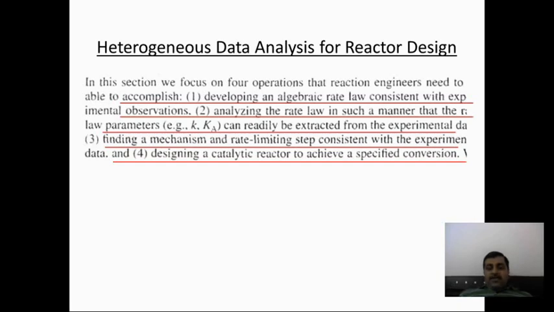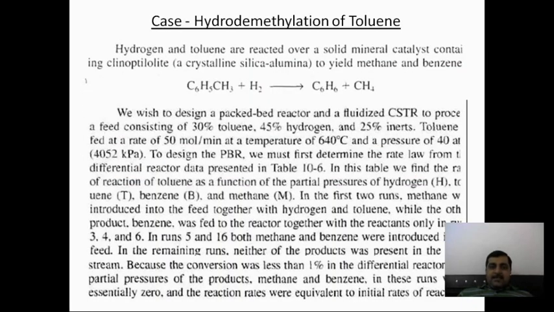To go into details one by one, we'll solve all 4 steps of this heterogeneous data analysis and reactor design. We'll be considering a case study of hydrodemethylation of toluene. This reaction is done over a crystallite silica alumina catalyst, and it gives benzene and methane as products.